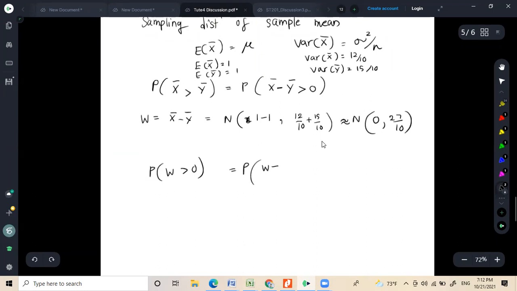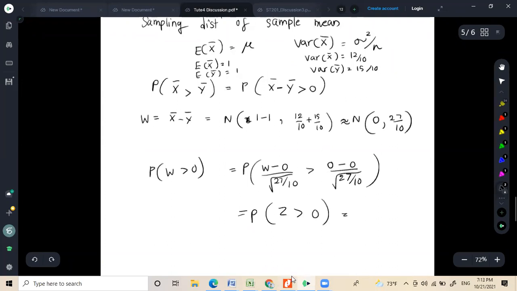W minus its mean, which is 0, divided by the standard deviation. So 0 minus 0 divided by the square root of 27 over 10. And what is this? This is Z greater than 0.